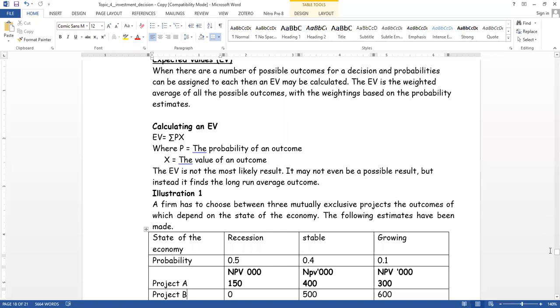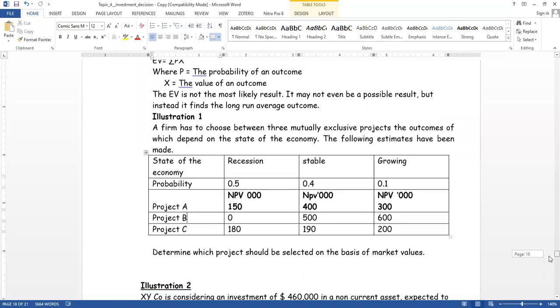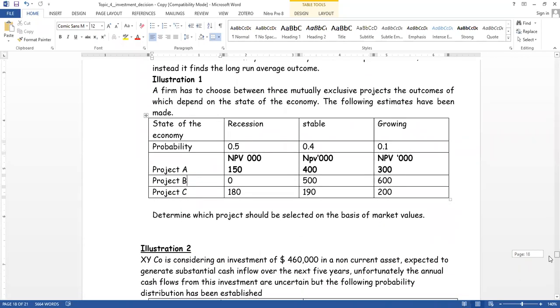So there is an illustration here. A firm has decided to choose between 3 mutually exclusive projects, the outcomes of which depend on the state of the economy. The following estimates have been made. You have the probability given here.